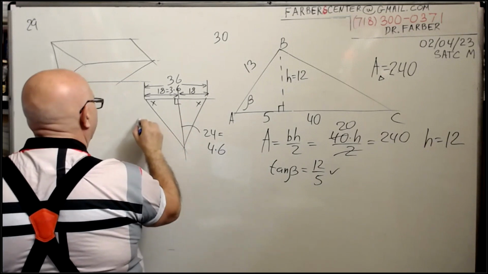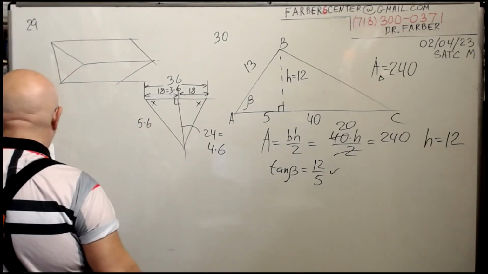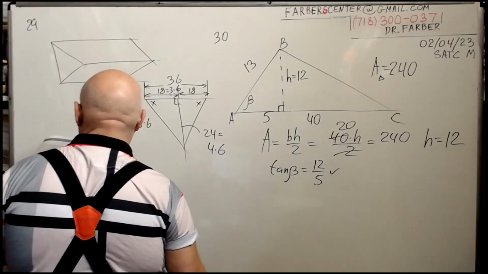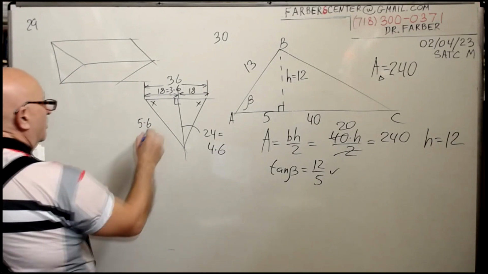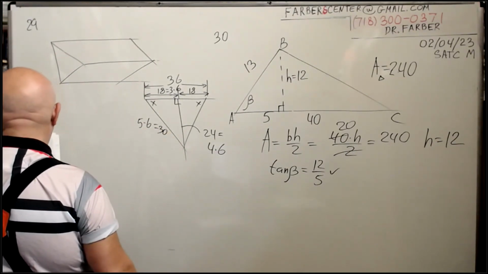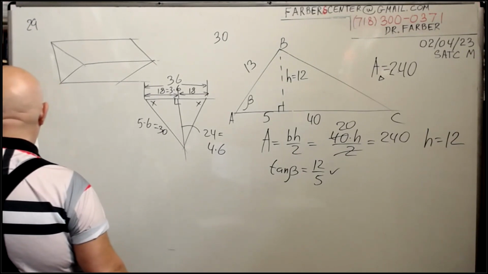So this must be 5 times 6. So far, so good. Which is 30. Pythagorean triples. You know everything about this triangle. And cosine of x equals b.